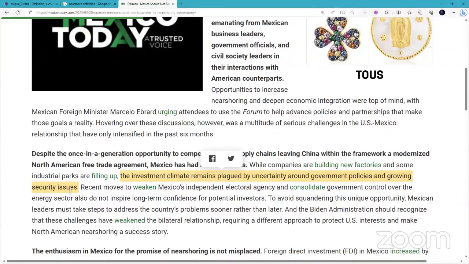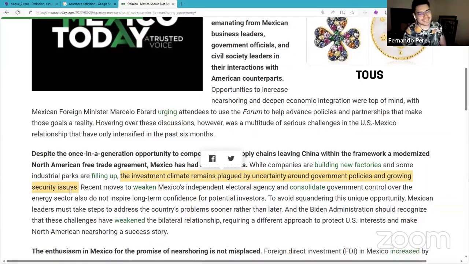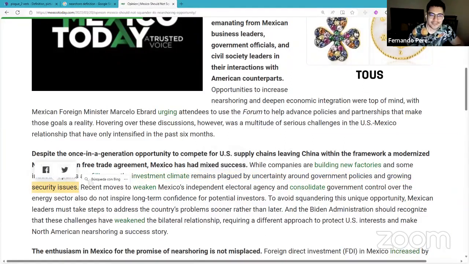You see, this is a very normal way to use a verb to give more information about a noun. Security issues that are growing. To eliminate those connectors, we move the verb growing into an adjective position. Growing security issues. That's another way.